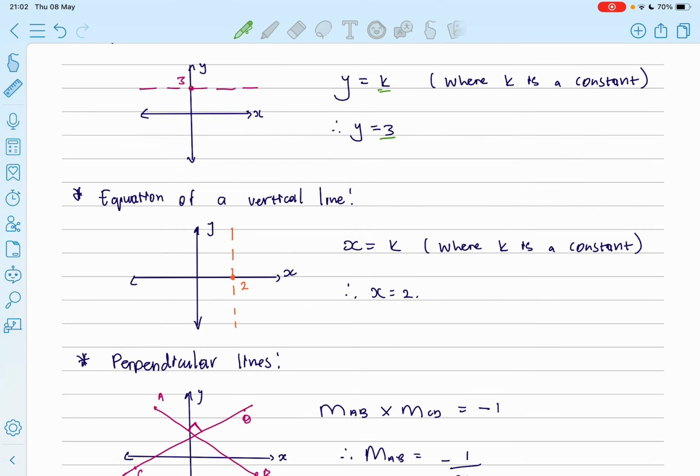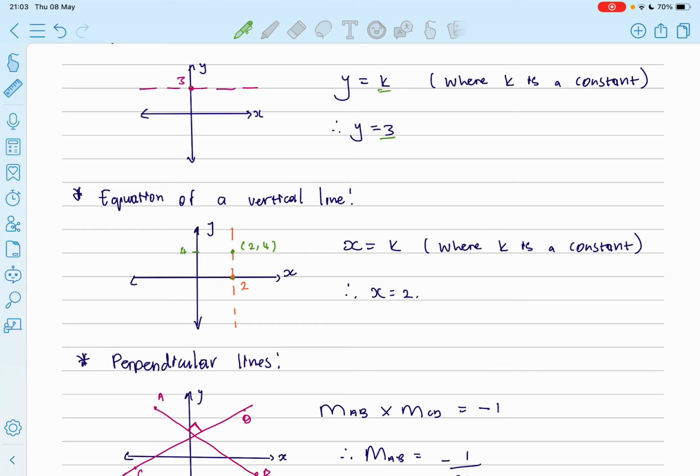And then moving on to vertical lines. With vertical lines, the x value is constant, but the y values are varying. So for example, if we were to look here, let's say this is at y is 4. The coordinates there will be 2 and 4 for this point over here.